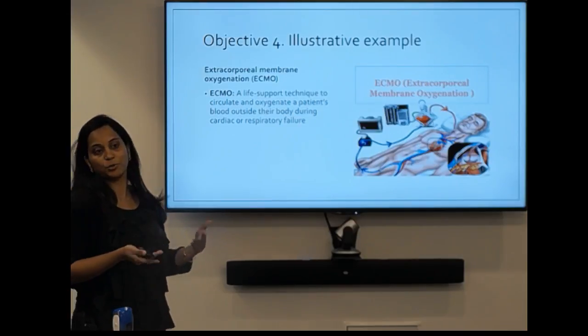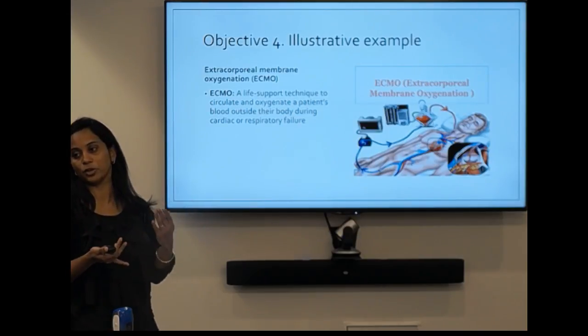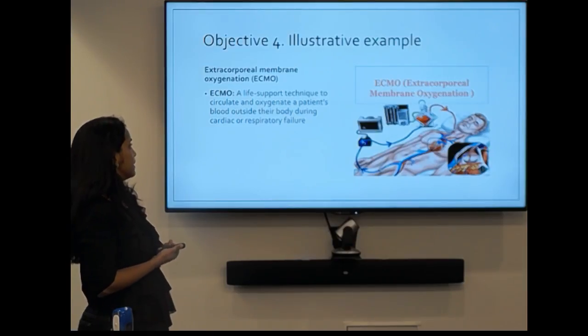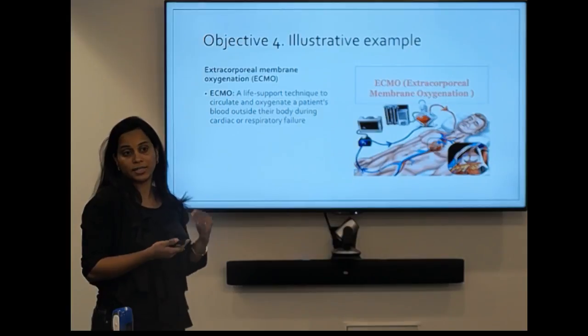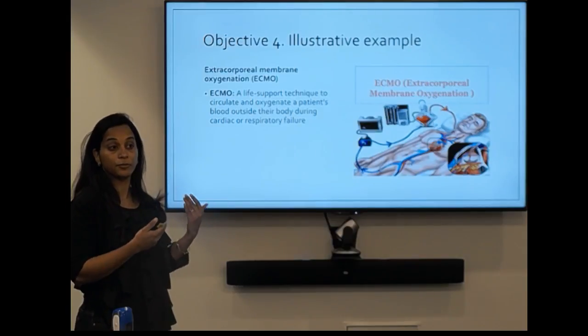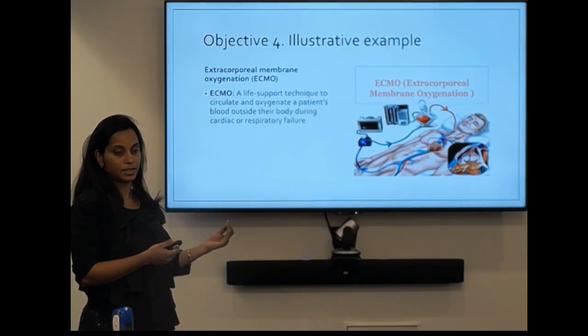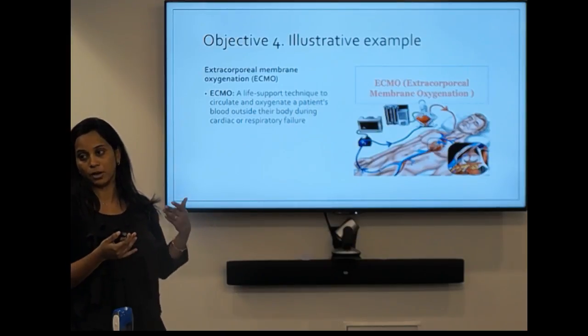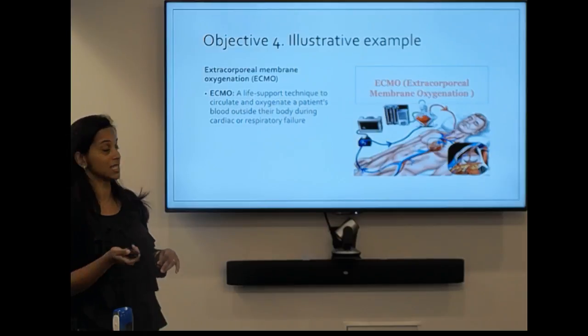And the idea is to keep you alive if you're suffering from cardiac or respiratory failure. And it's resource intensive because it requires, at least at the MUHC, the presence of a perfusionist 24/7 at the bedside. And ECMO patients can be on ECMO for anywhere from 3 days to several weeks.